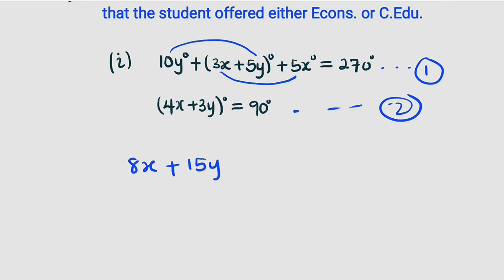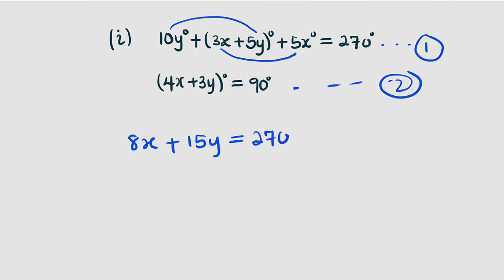Remember, everything is in degrees, so I will bring the degrees in later. So this is equal to 270. Then the second one, we can multiply this equation by 2 because we want to eliminate x: 2 times 4 is 8x, plus 2 times 3 is 6y, equal to 90 times 2, which is 180.